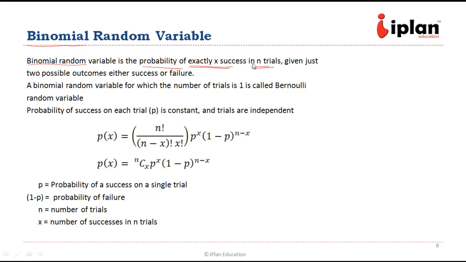As we said, the binomial random variable can only hold 2 values, which could be success and failure in this case. So where we have to calculate the probability of exactly x success or x failure in n trials, we use binomial random distribution. So the two possible outcomes are either success or failure.